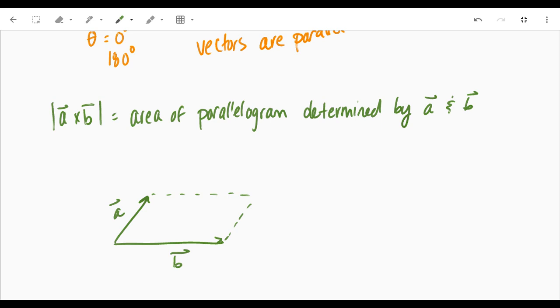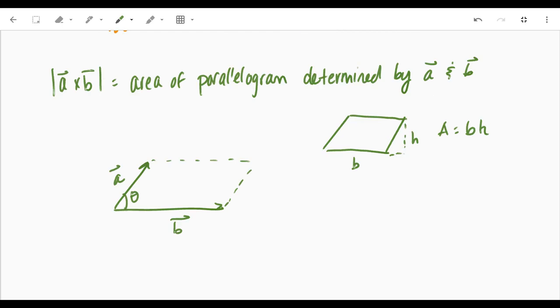And we know that the area of a parallelogram is the magnitude of A times the magnitude of B. No, it's not. We can do this here. If this is theta, sorry, the area of a parallelogram would be base times height, right?